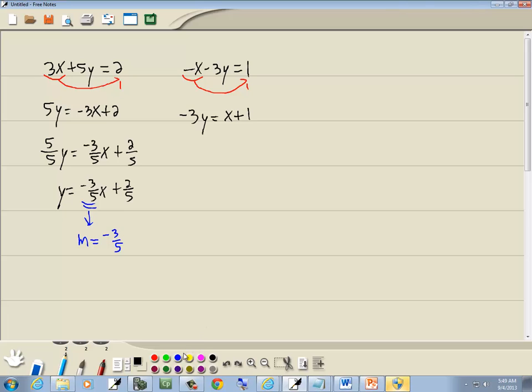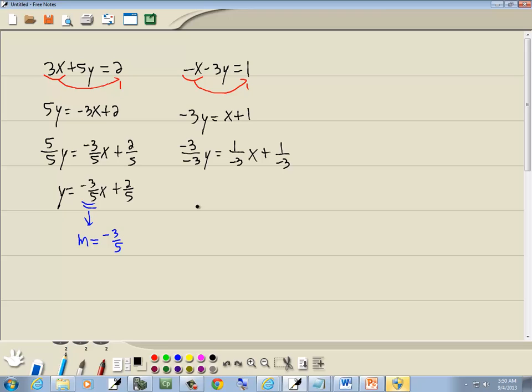Fourth step, if the variable we're solving for is in 2 or more terms, factor it out. It's only in 1 term. Fifth step, divide both sides by what's in front of the variable we're solving for, which is our y. So we'll divide everything by negative 3. Now there's an invisible 1 before this x, so we're dividing the 1 by negative 3.